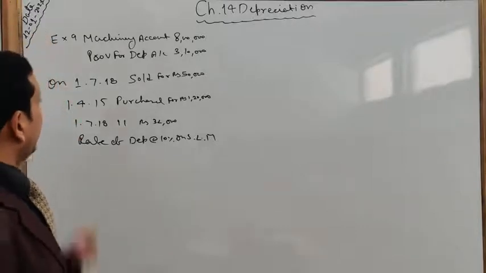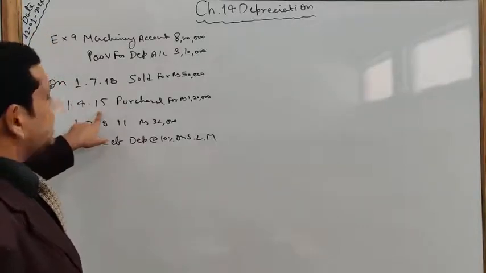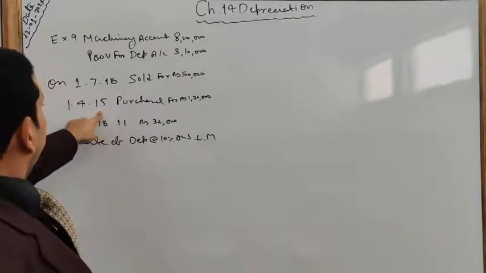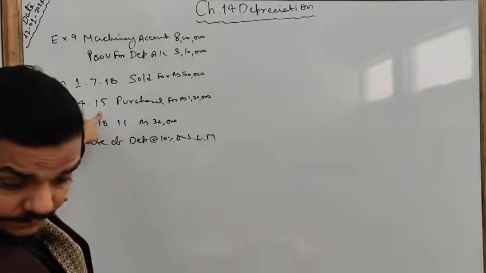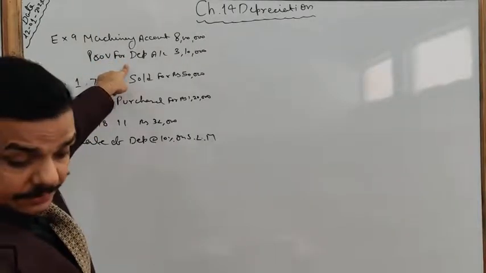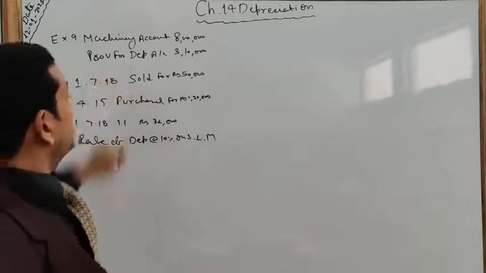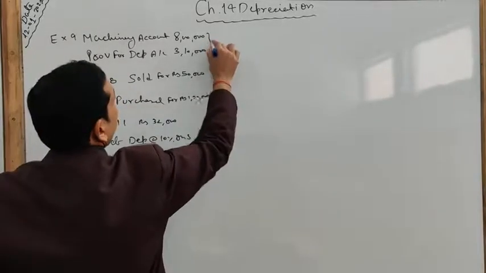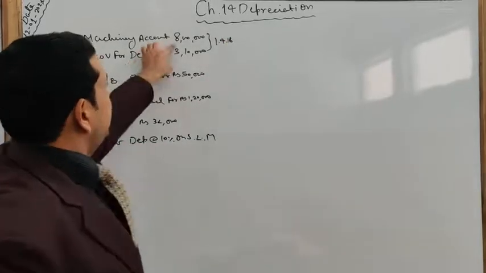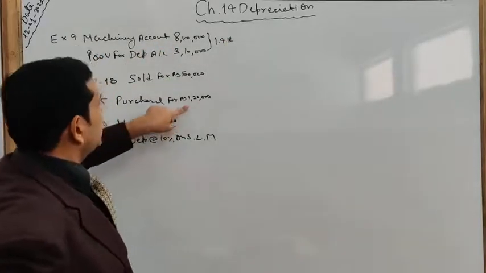So as the machinery has been purchased on 1/4/15 and balances are given for 1 April 2018, these are the balances on 1/4/18. So definitely this balance included the cost of this machine.